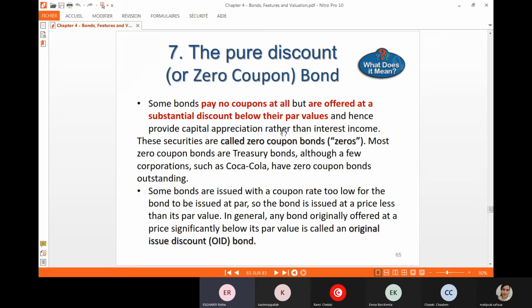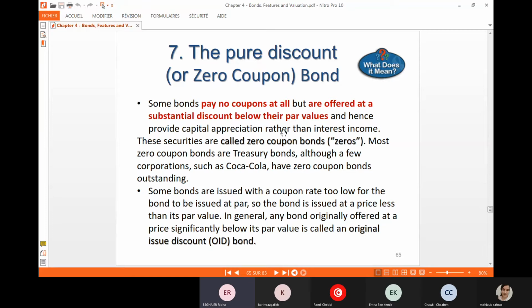Here, these bonds, also called the zero coupon bonds, are bonds that, if you want, subtract the interest from the beginning.